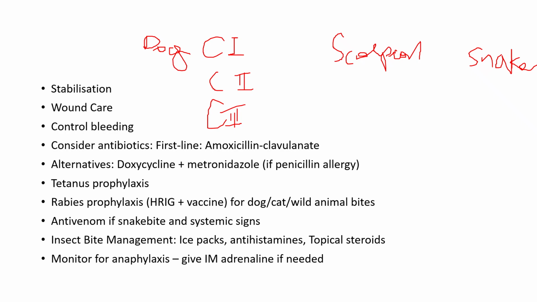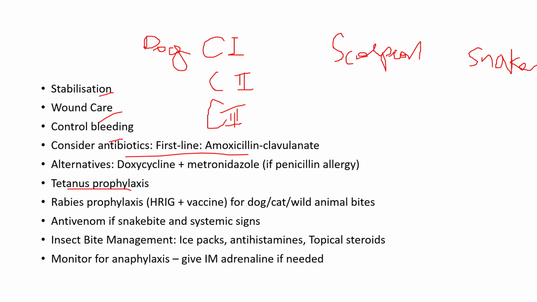So generally there is stabilization. You have to do wound care, control the bleeding, consider antibiotics, especially in case of any kind of bite. You give amoxiclav, or alternative, with penicillin allergy, you can give doxycycline plus metronidazole.